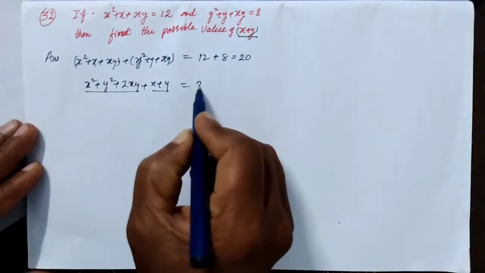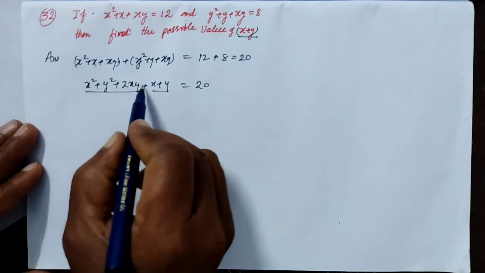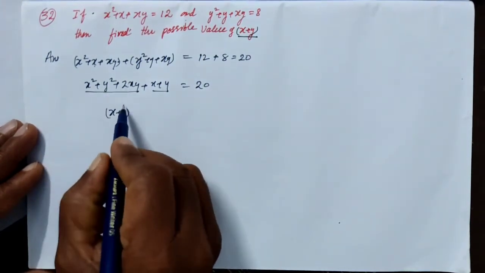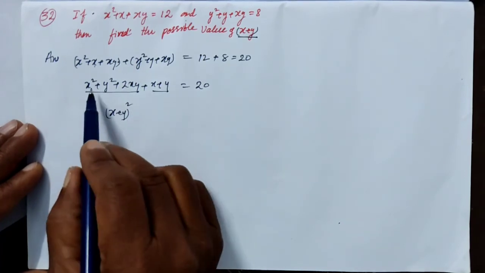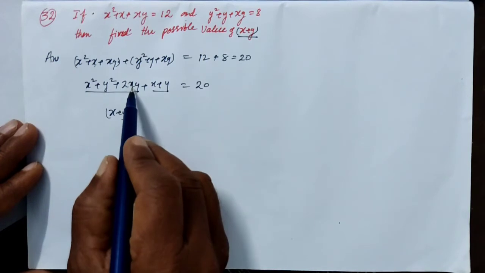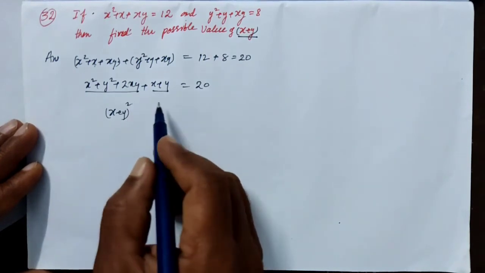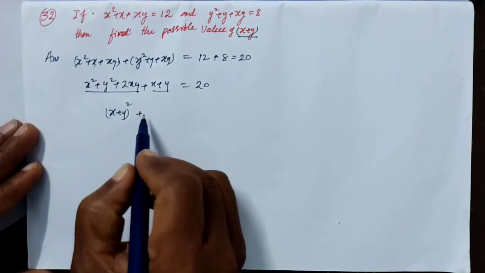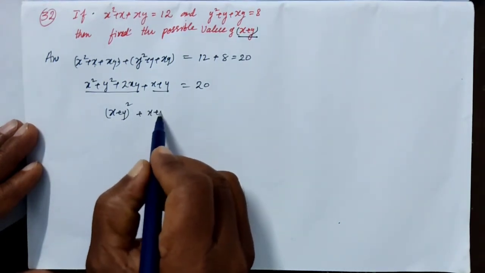So this is equal to 20. Now this can be written as x plus y whole square. So it is in the form of a square plus b square plus 2ab. So it can be written as x plus y whole square plus x plus y.